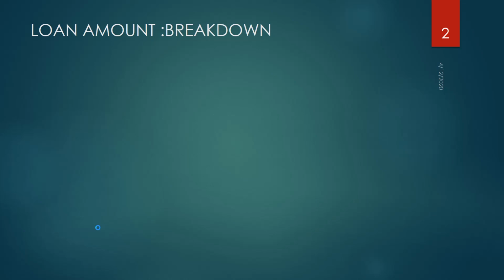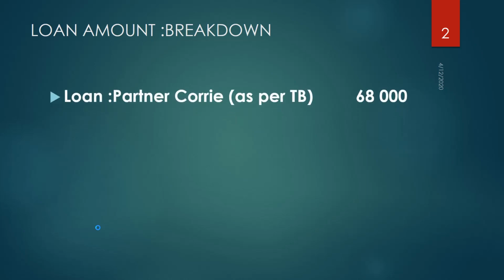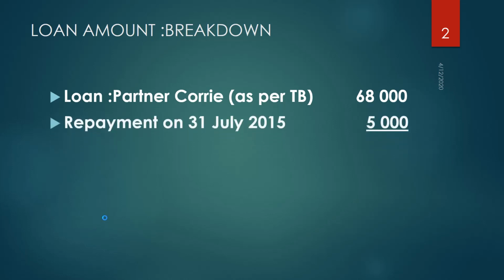I'd quickly like to go through the breakdown before I do the actual calculation. So the loan relating to Corey as per the trial balance was given at 68,000. We're going to add back the repayment because we want to establish what the loan amount was at the commencement of the current financial year.